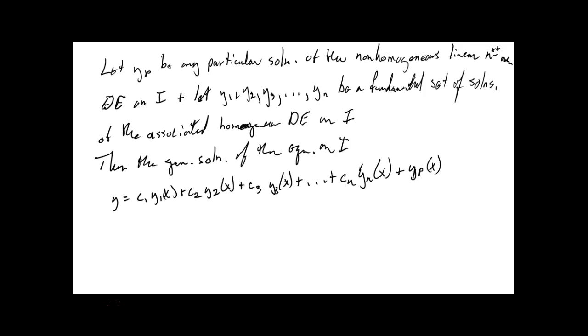And these Ci's, where 1 is less than or equal to i less than or equal to n, are your arbitrary coefficients. Constants. Now, they prove it using those L operators, which are perfectly fine. Go to town with it if you'd like.